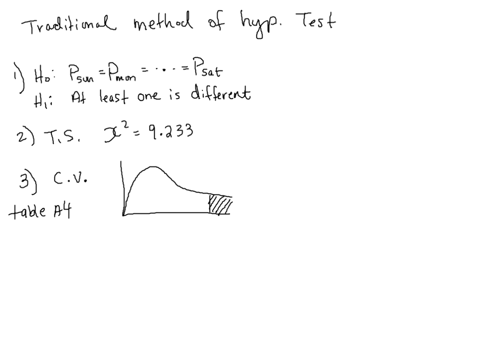It's always right-tailed. And so I am looking for that critical value. Now remember, alpha is 0.05. So go ahead and get table A4, look up 0.05, and that's going to give you your critical value. Now, degrees of freedom, you already know what that is.